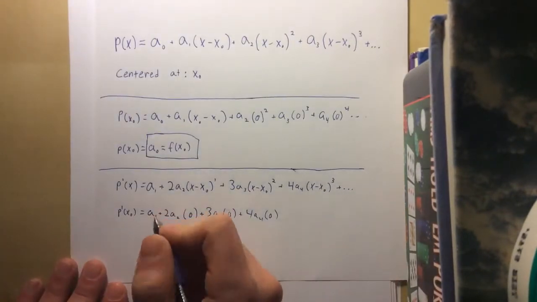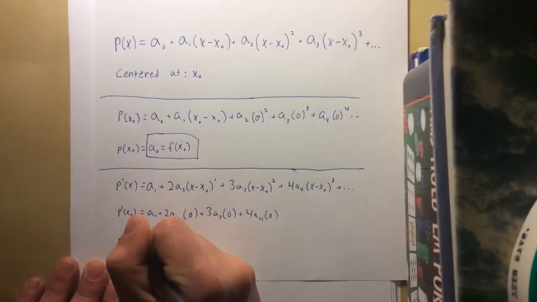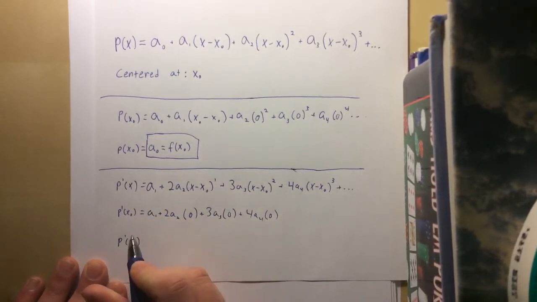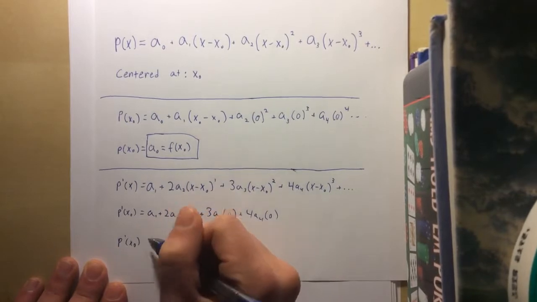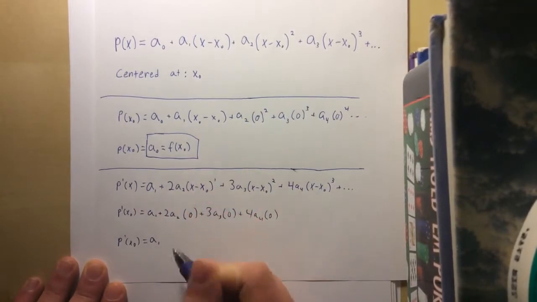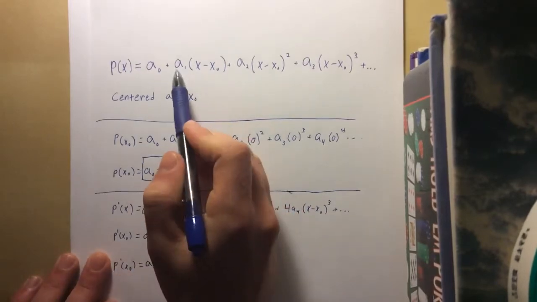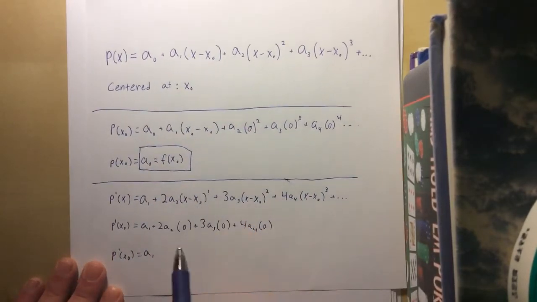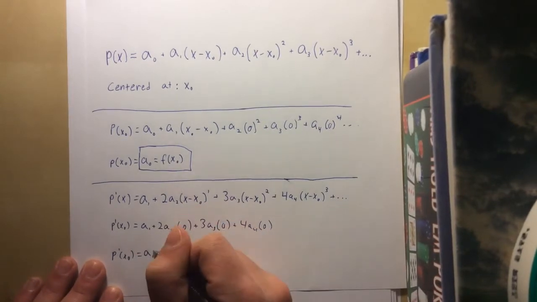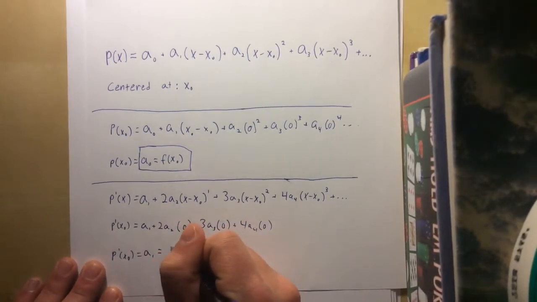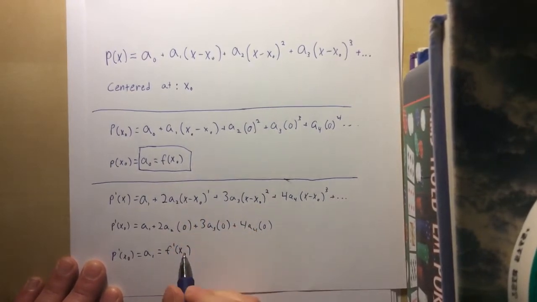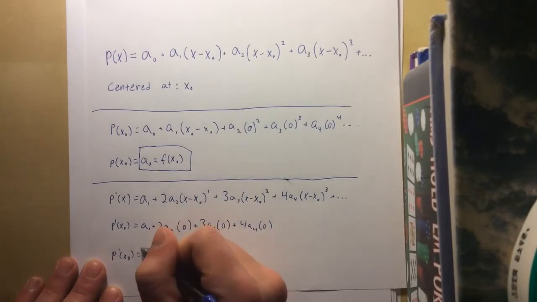We can say that the first derivative of p at x naught is equal to our second constant. And once again, remember that p of x is equal to f of x, so that's going to be equal to f prime at our centering point.